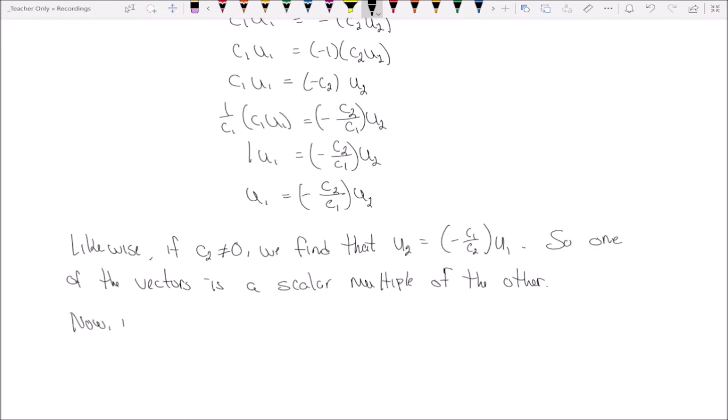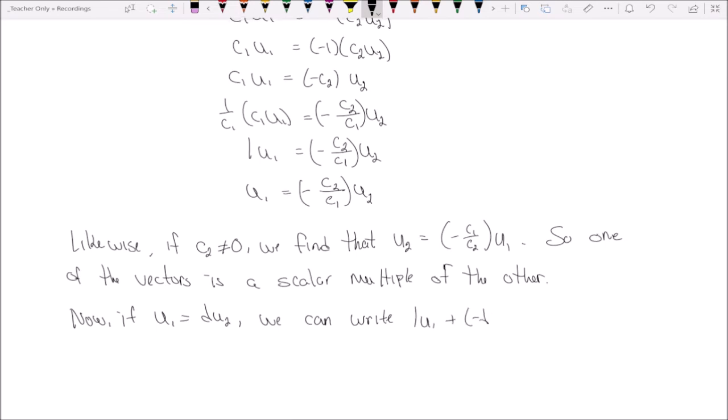Now, if U1 is a scalar multiple of U2, we can write 1 U1 plus negative D U2 is equal to 0.